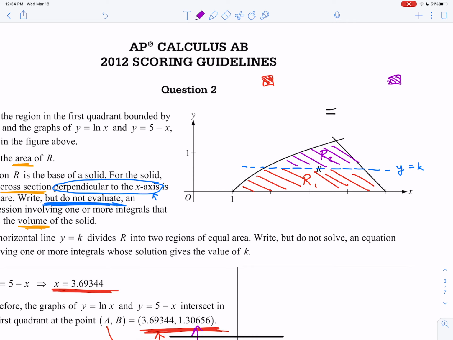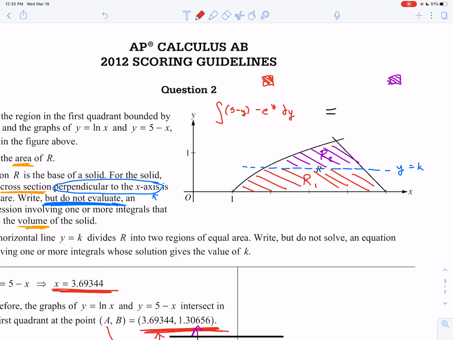It's just easier to do right minus left. So here we go. When we're integrating right minus left, again, we're going to have 5 minus y minus e to the y dy. Now, if you look at the red region, everything is in terms of y.